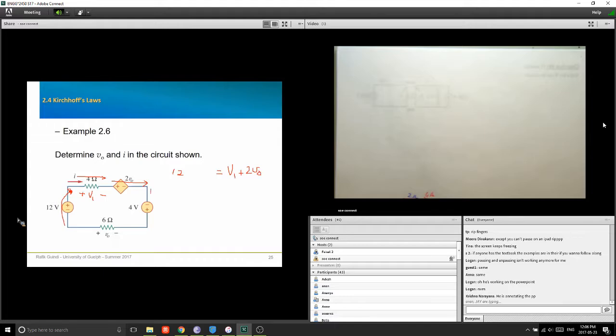Okay. From here, what do I have? Rise or drop? That's a rise. Okay? Going from the minus sign to the plus sign. So here you have a rise of 4. It's going to come here on this side.